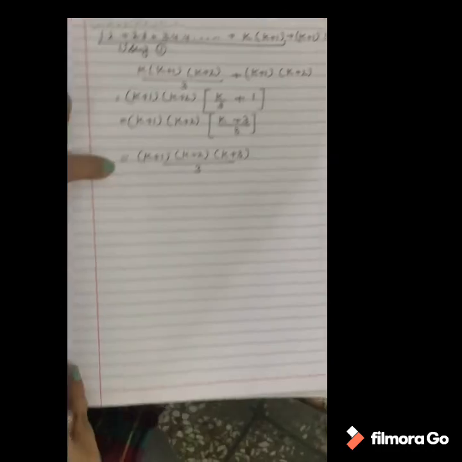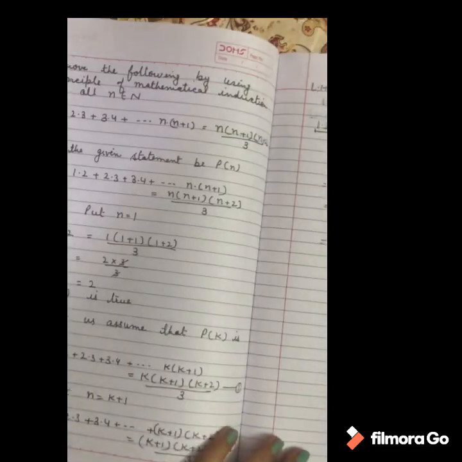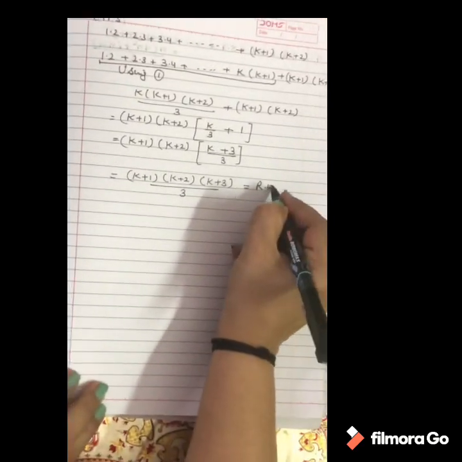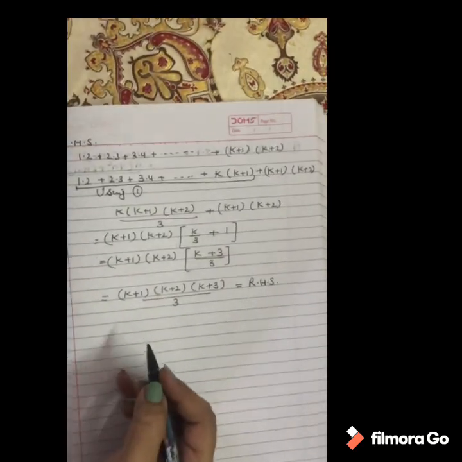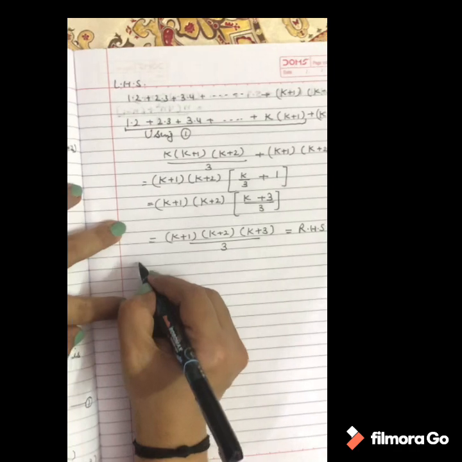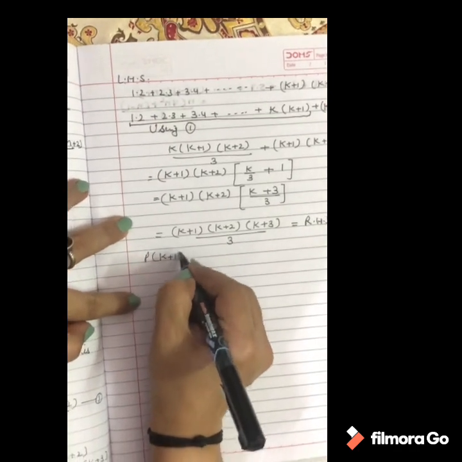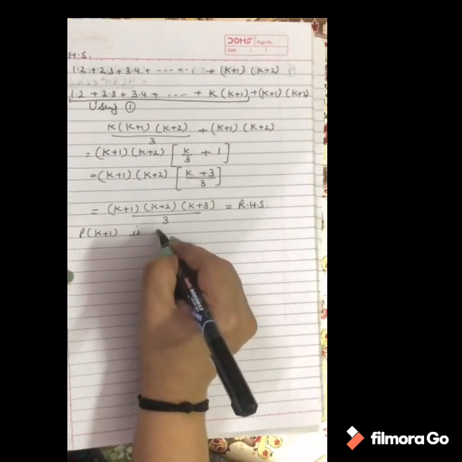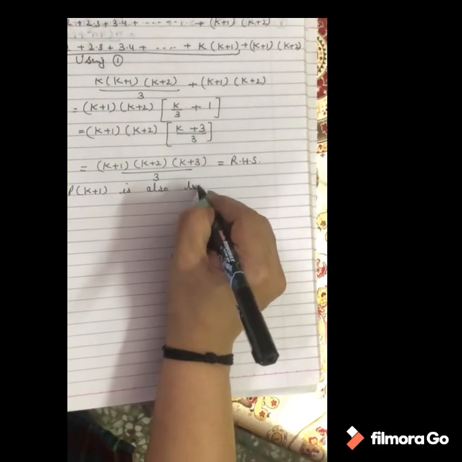And what is this? This is our right hand side. So what do you have to write in the end? P(k+1) is also true.